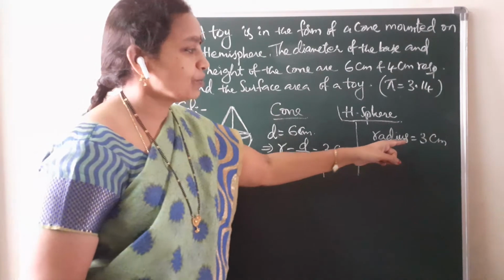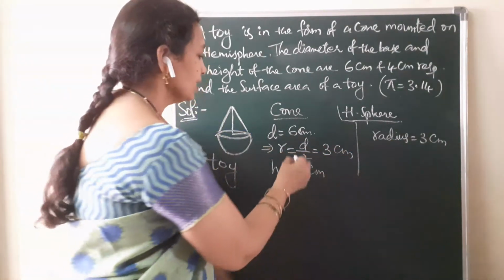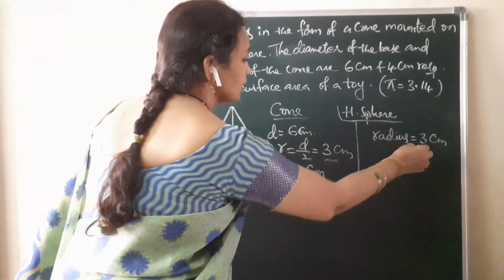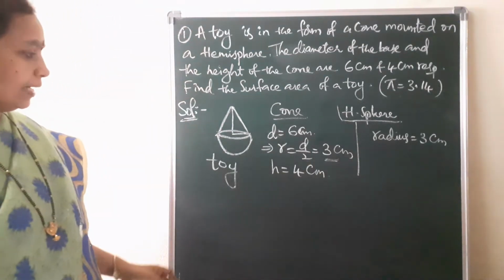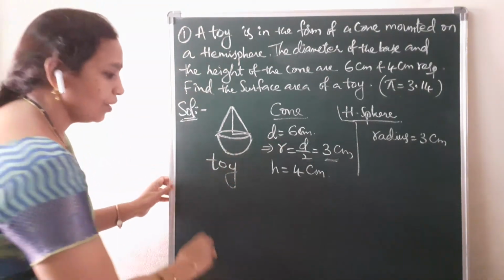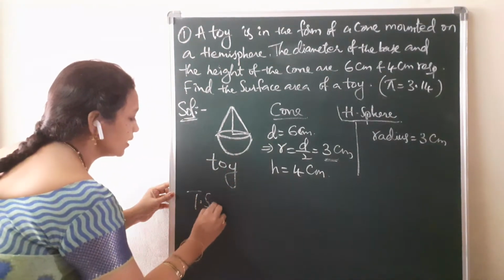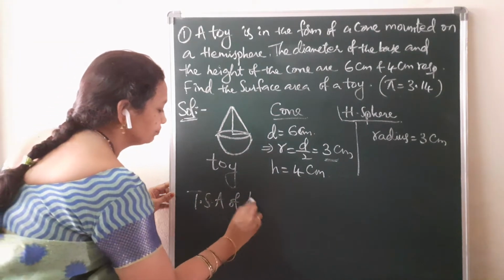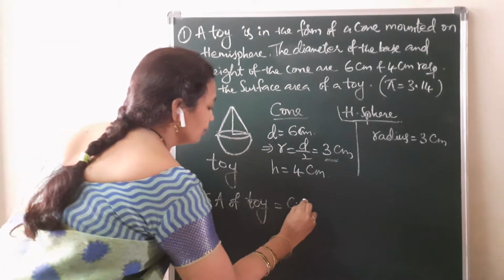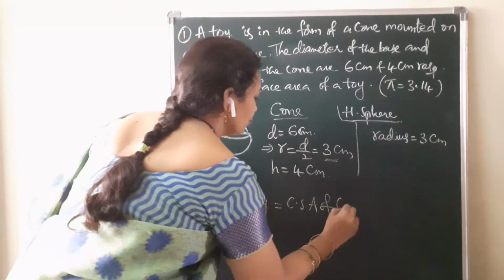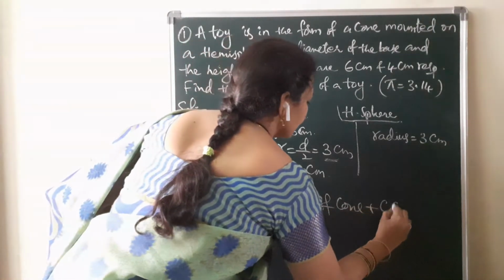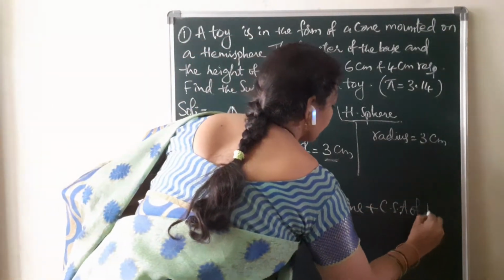The common radius is 3 cm. Now you have to find the total surface area of the toy, which is equal to the CSA of the cone plus the CSA of the hemisphere.